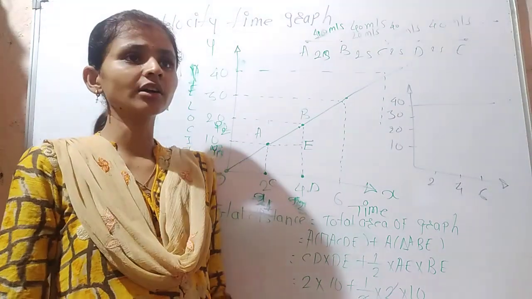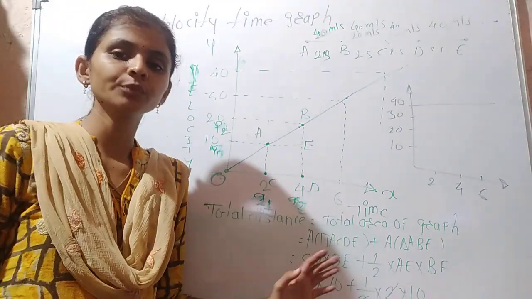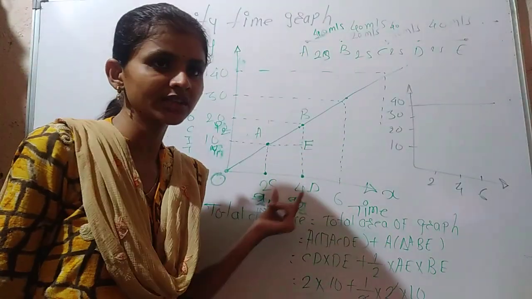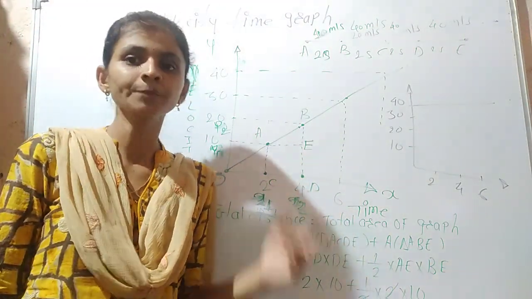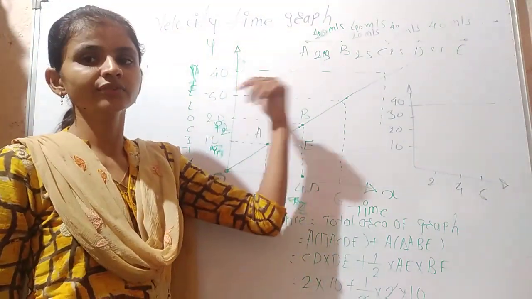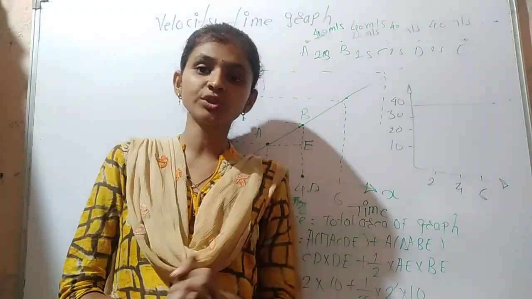We put all the values in that. You can change the values also: here you can take 0.1, 0.2, 0.3 seconds, and on the y-axis 2 seconds, 4 seconds, 6 seconds. Like that we can change the values.